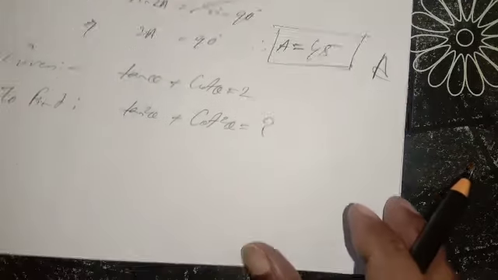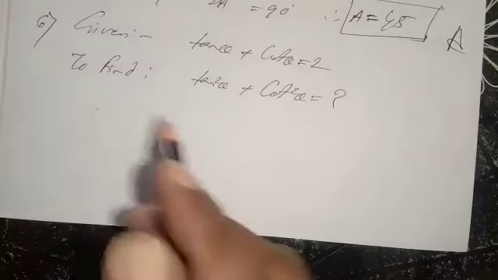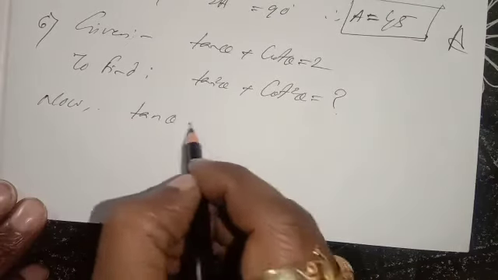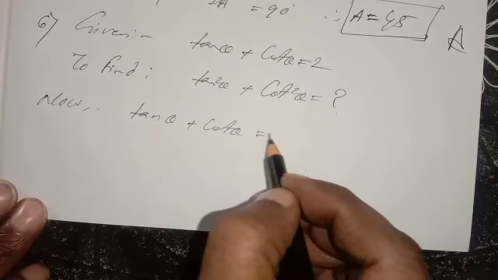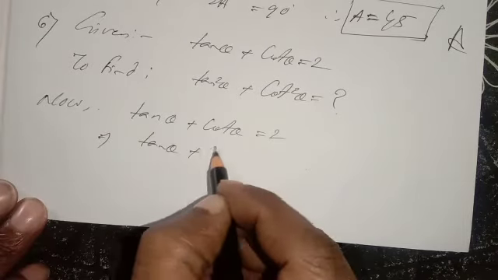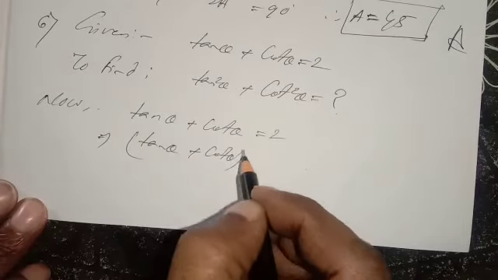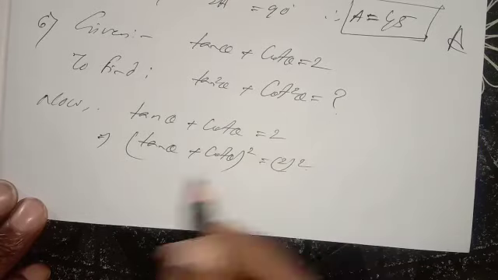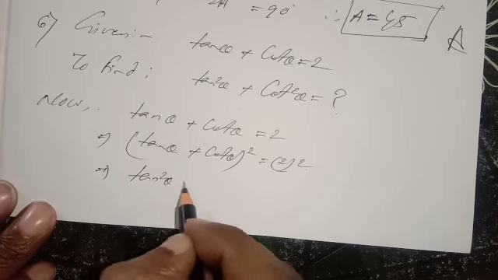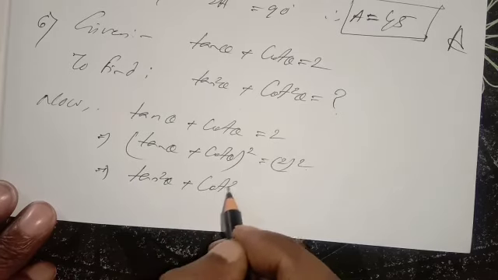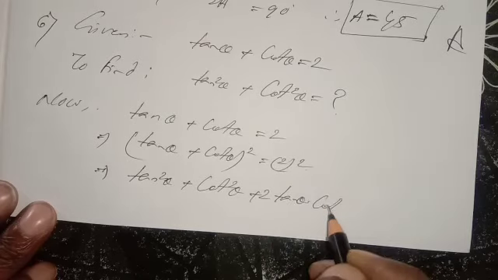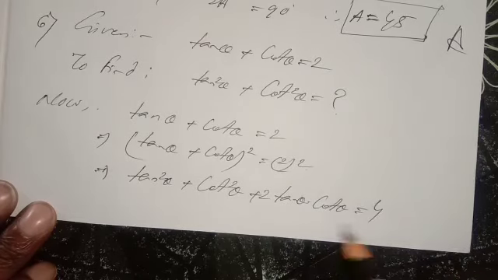You have to take the help of the given part. Now, tan theta plus cos theta is equal to 2. It is given. Squaring both sides. What will we get? A plus b whole square formula, that will be tan square theta plus cos square theta, a square plus b square, plus 2 tan theta into cos theta equal to 2 whole square, which is 4.